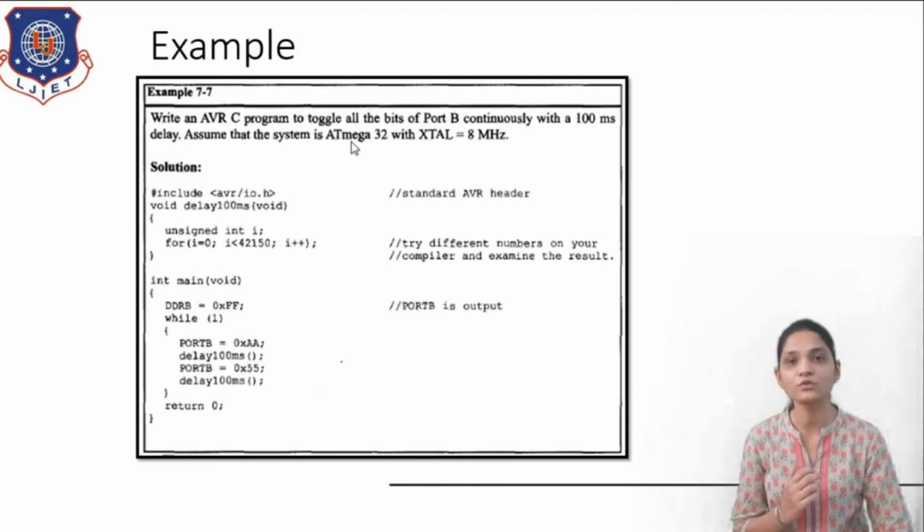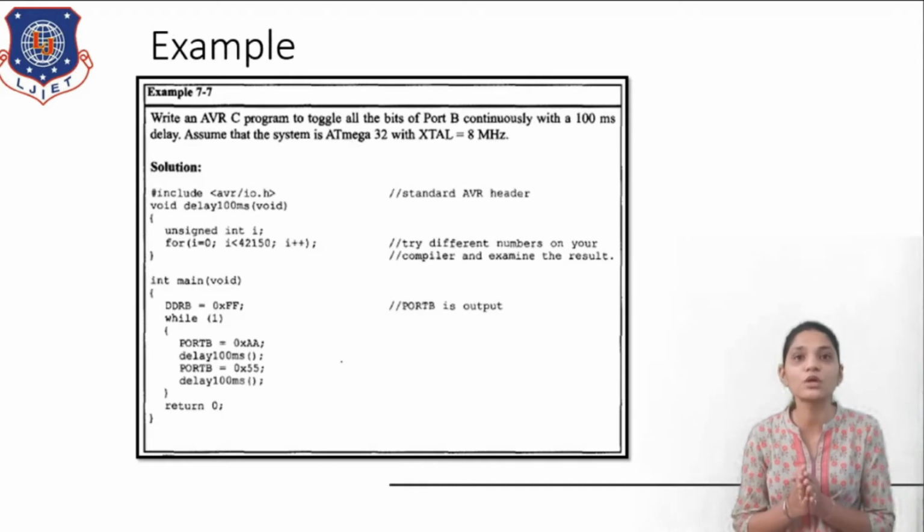Here we have to write a C program to toggle all the bits of port B continuously with a 100 milliseconds delay, assuming that the ATmega32 has an XTAL frequency of 8 megahertz.